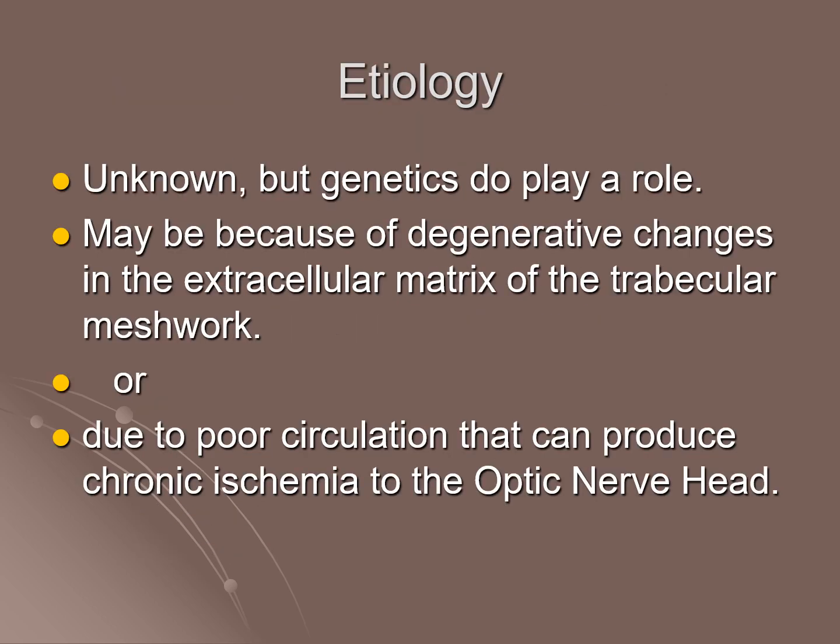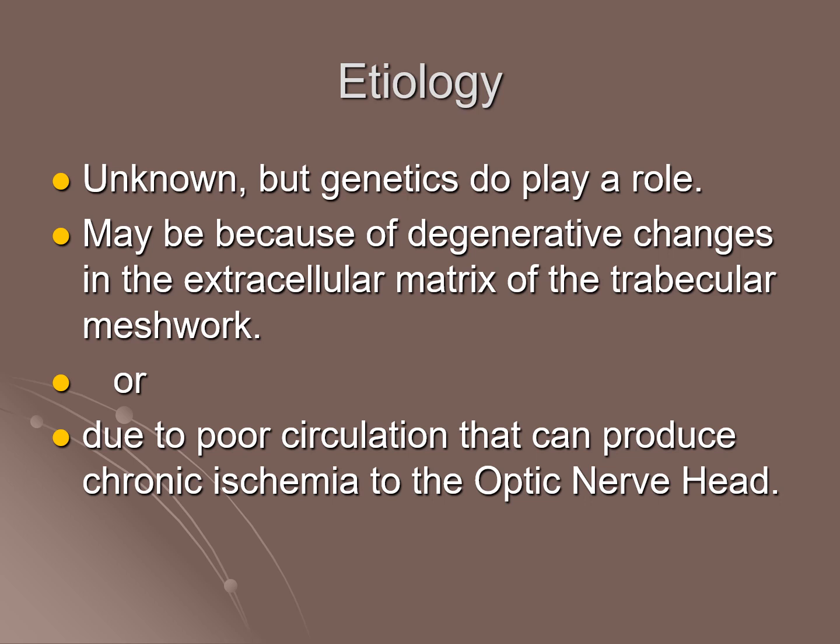Etiology is unknown, but genetics do play a role. Heredity has irregular penetrance. It may be due to degenerative changes in the extracellular matrix of the trabecular meshwork, leading to sclerosis and so causing resistance to the aqueous outflow.